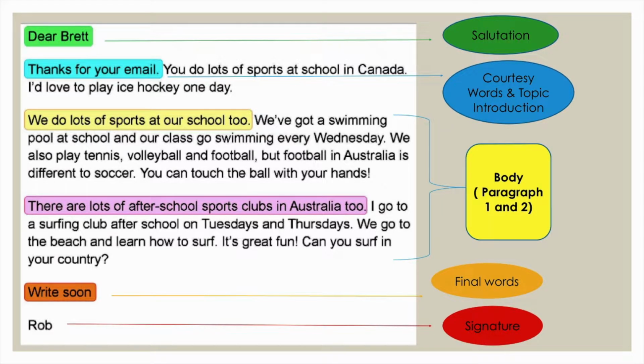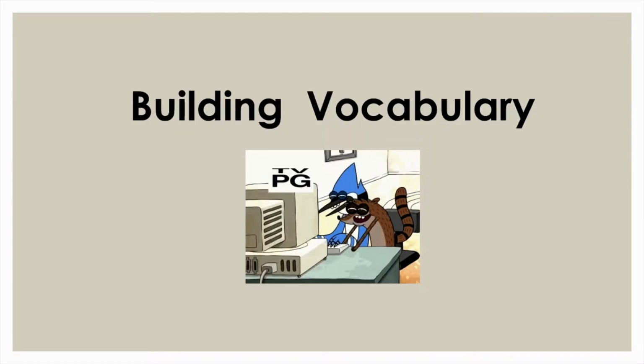Then we have the body, which is normally 1 to 2 or 3 paragraphs. Finally, we have the final words, and then the signature. Now I'm going to show you some of the expressions that you can use in the different sections, just for you to remember, because we covered this content last year.